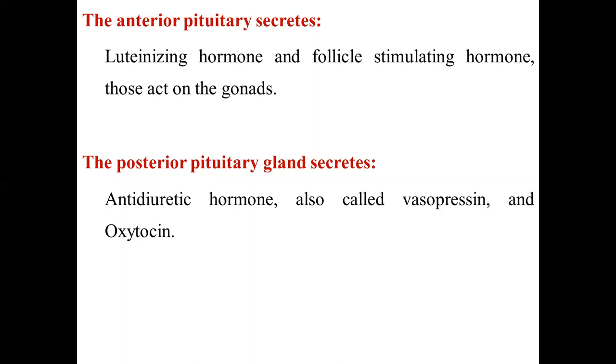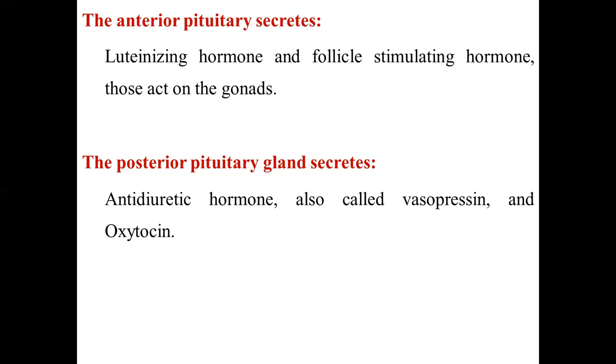This period is known as the ovulation period, when the egg is released by the ovary. In men, FSH helps control the production of sperm, like luteinizing hormone. So they both act on the gonads for production of sperm in the male and egg in the ovary of the female.